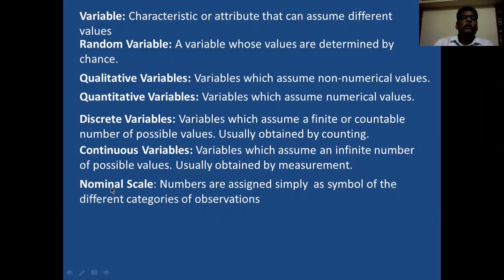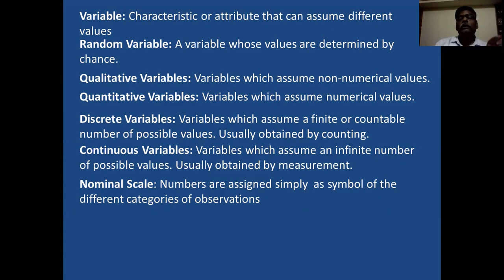Then next is scales, the scales of measurement in statistics. There are two scales in statistics: one is nominal, another is ordinal. What is the nominal scale? Nominal scale means we assign nominal numbers. Numbers are assigned simply as a symbol of the different categories of observations.